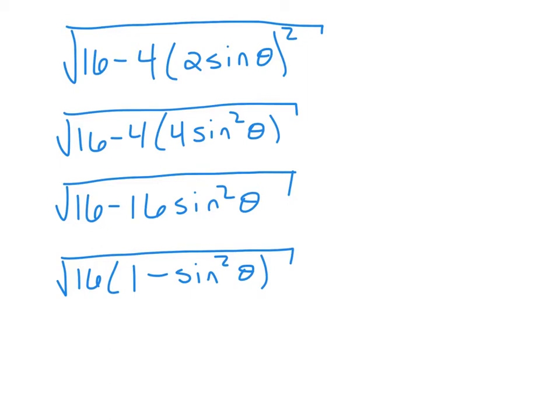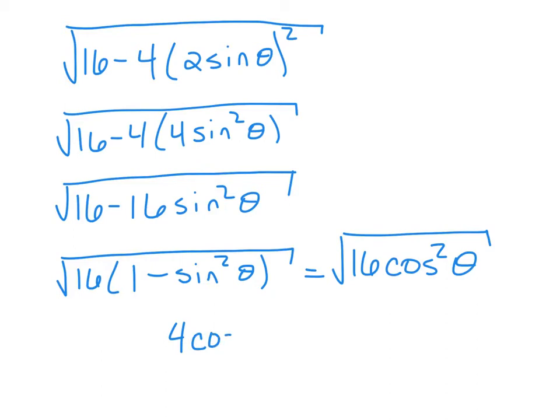And 1 minus sine squared of theta is going to be the same as cosine squared of theta. And now, since we have one term, it's just all a bunch of factors in there, we can take the square root, and the square root of 16 is 4. Square root of cosine squared is cosine. And that's all you've got to do on that section there.